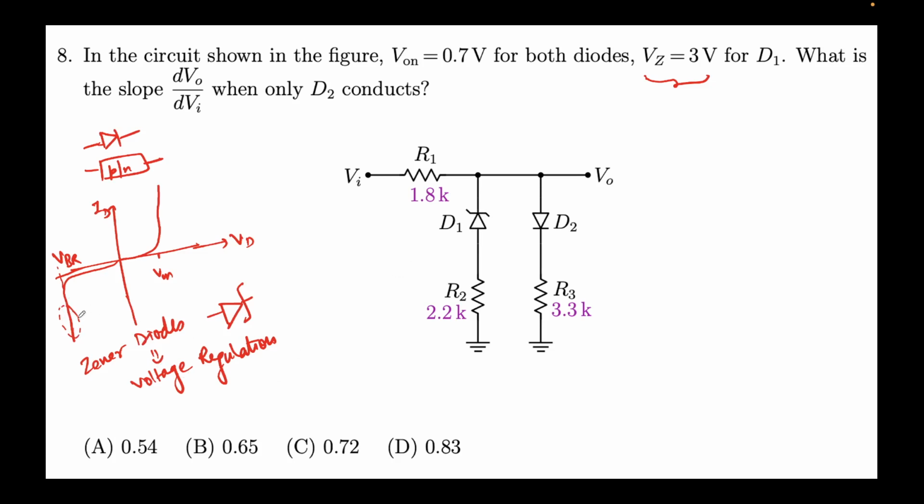They can support any amount of current in reverse direction, a huge amount of current, but the voltage dropped across them will be fixed, at 3 volts in this case. So that's the advantage. Typically p-n junction diodes are not used in reverse, but Zener diodes are used for voltage regulation purposes. That's the point I was trying to make.